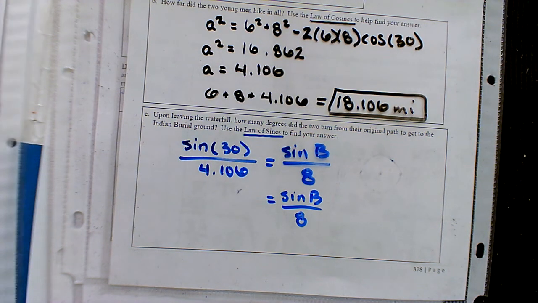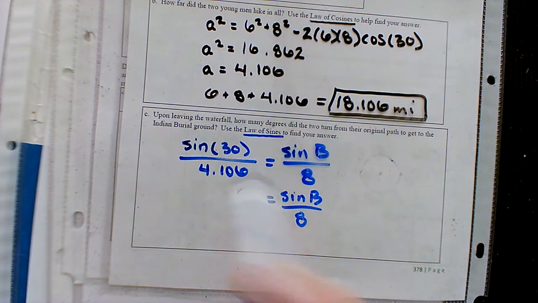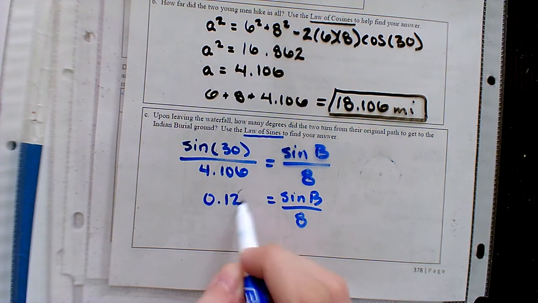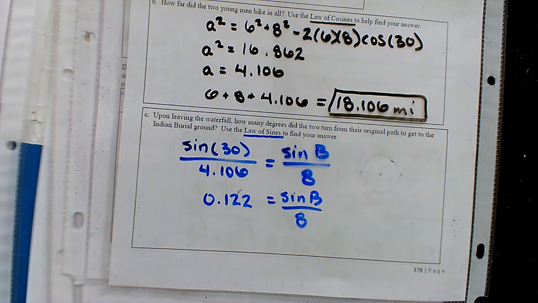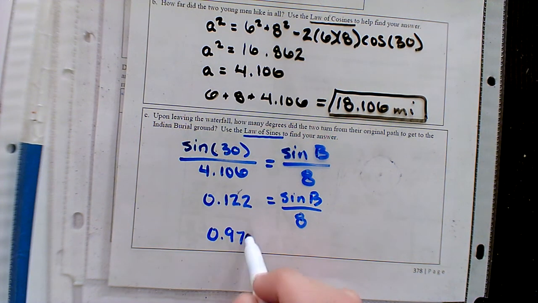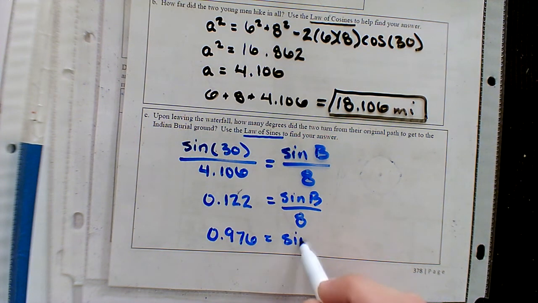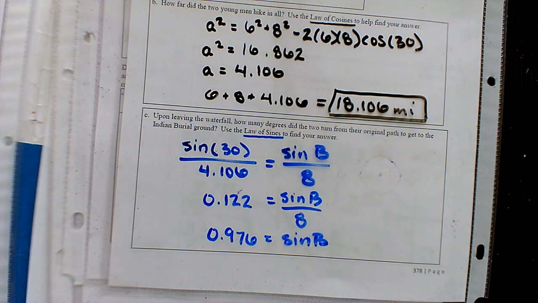Let's see. We get 0.122, maybe you want to round it. Let's go ahead and multiply the 8 over. We get 0.976.